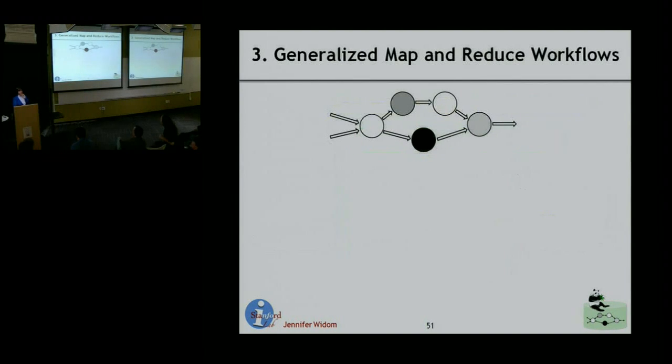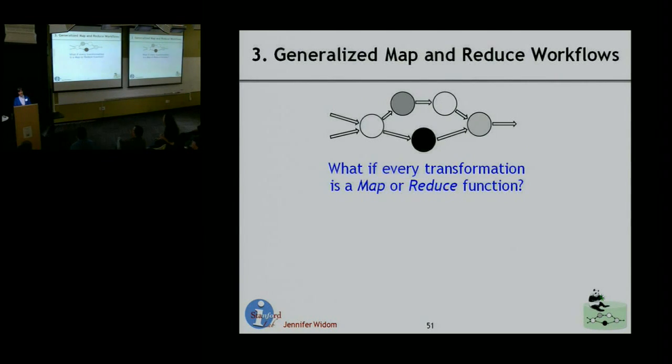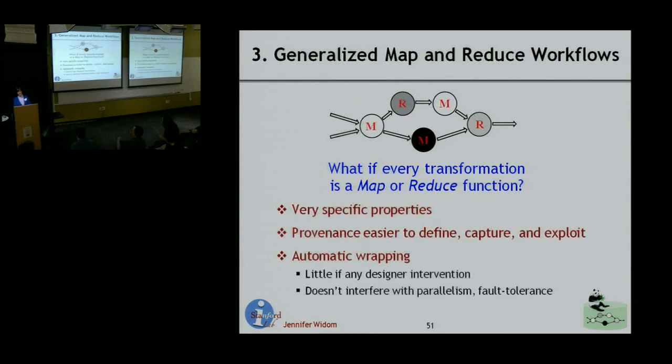Okay, now let's go to the most narrow topic, which is what we call generalized map and reduce workflows. We're still in the same picture of a data-oriented workflow, but now we're going to ask the question, what if every transformation was known to be either a map function or a reduce function? So now we have very specific properties of how each processing node is going to behave, and with these very specific properties, it can be easier for us to define provenance, capture provenance, and exploit it.